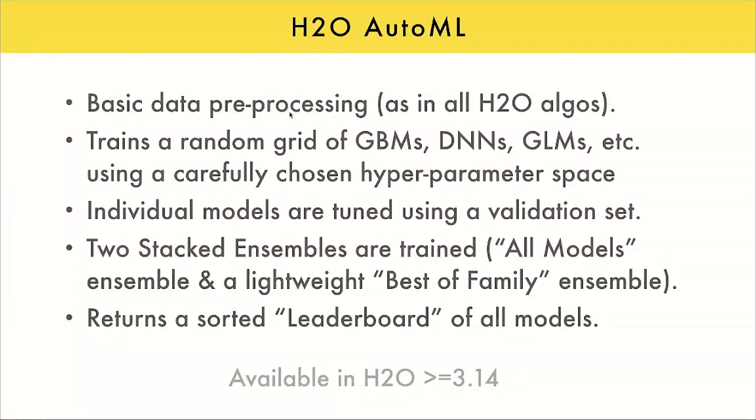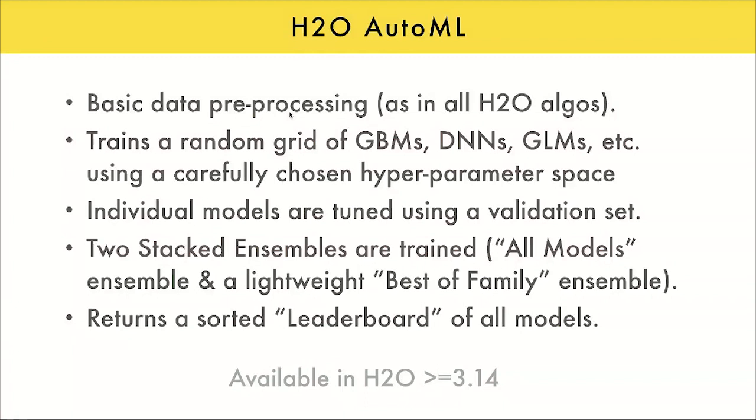We think we've figured out the right parameters to search over, and we've limited the values we search based on our own domain knowledge in data science. So this is based off of data scientists at H2O coming up with this.